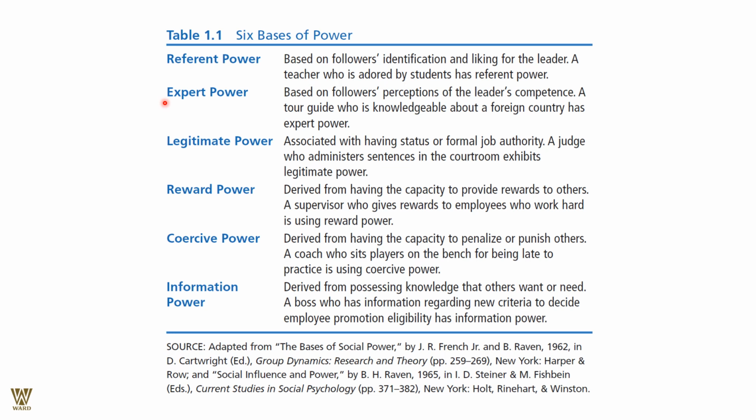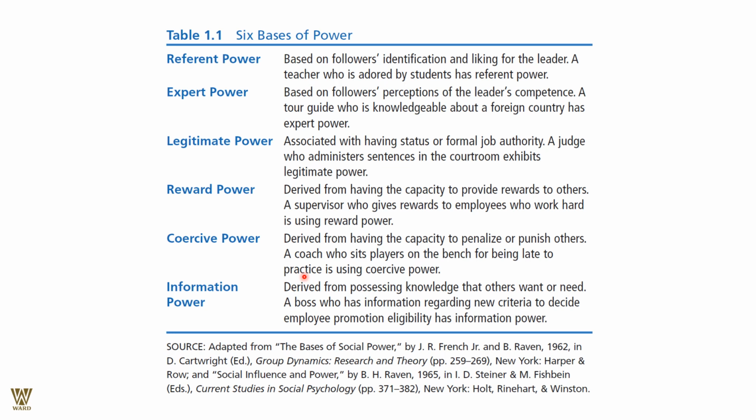Legitimate power is associated with having status or formal job authority. A judge who administers sentences in the courtroom exhibits legitimate power. Reward power is derived from having the capacity to provide rewards to others. A supervisor who gives rewards to employees who work hard is using reward power. Coercive power is derived from having the capacity to penalize or punish.